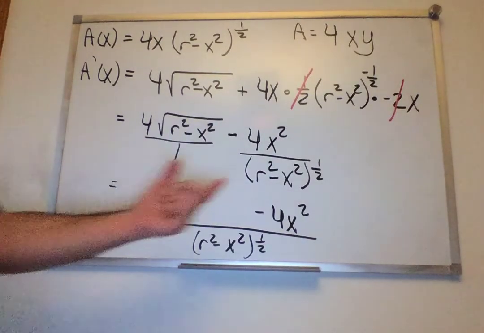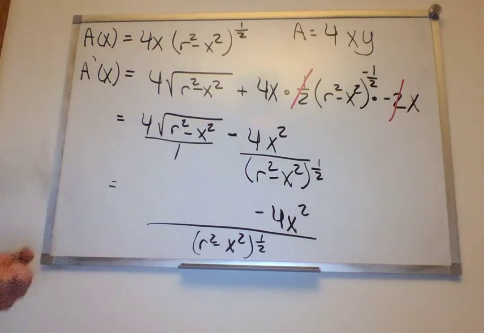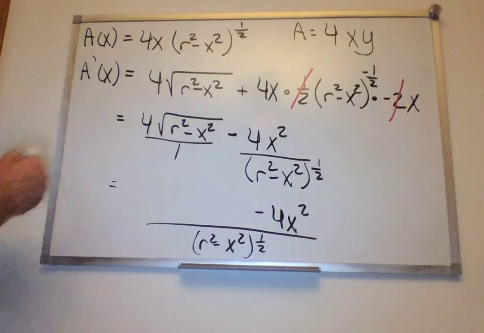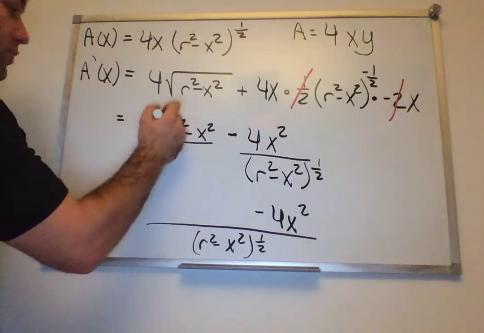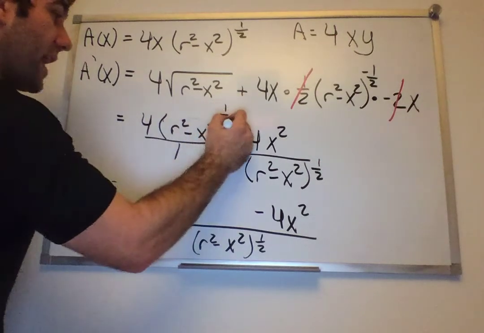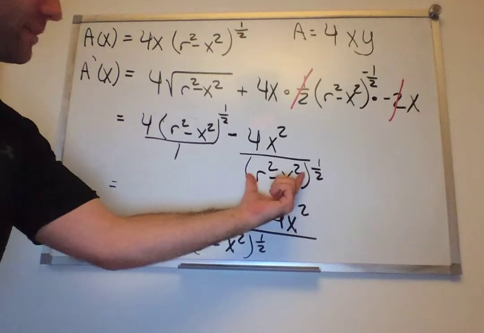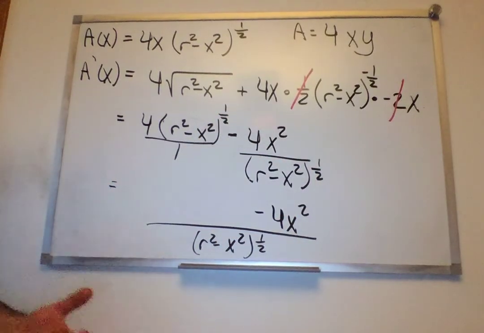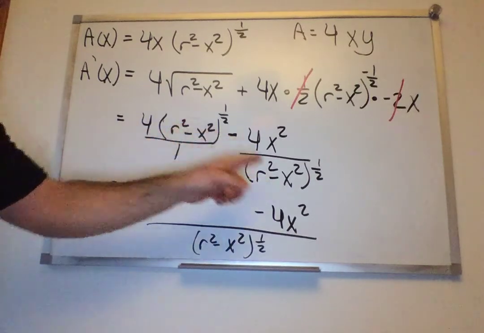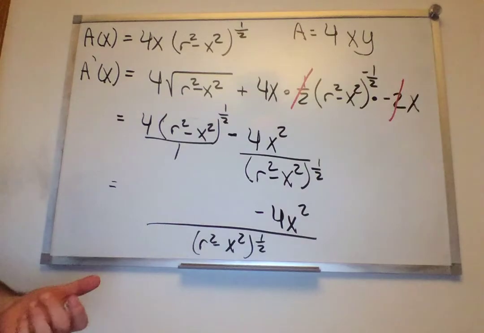So what I have to do is take this and multiply it over here. If you recall, we did it up here, we changed it to a 1/2 power. Now if this and this are the same exact thing with a 1/2 power, if you remember your exponent rules, multiplying two things with the same base with exponents, you just add the exponents. 1/2 plus 1/2 is 1.